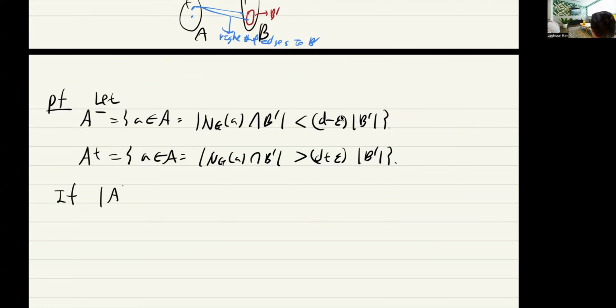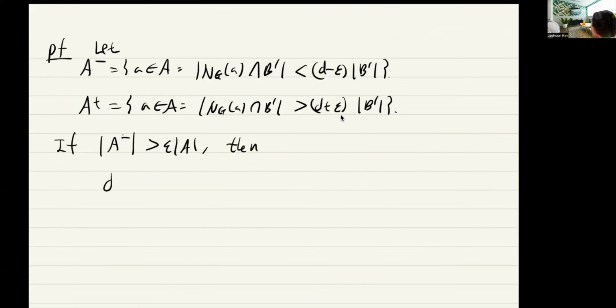Then what do we know? Suppose one of them is too big. From our definition, if you take A minus and B prime, you can compute the density between them.